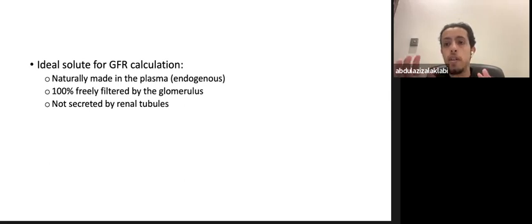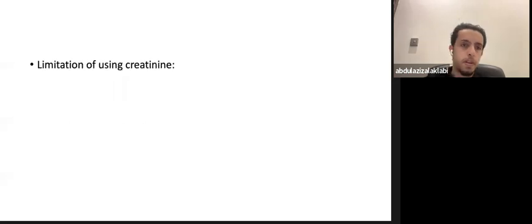That's the most ideal, that the patient's own body makes it. Secondly, that it's 100% freely filtered by the glomerulus. Because if it's not, then you cannot fully calculate the GFR, because you're not seeing the full scope of the picture, you could say. And it should be neither secreted nor reabsorbed by the tubules.